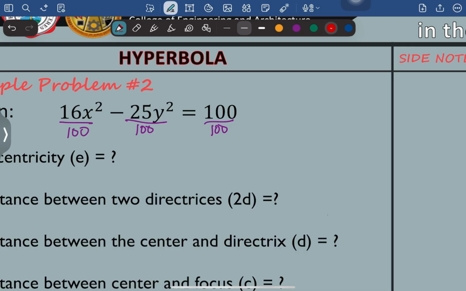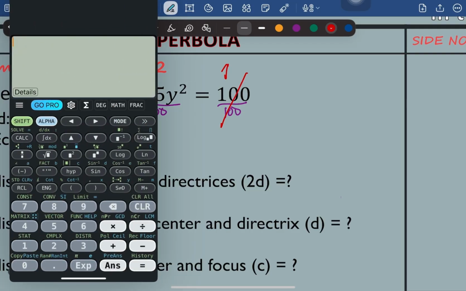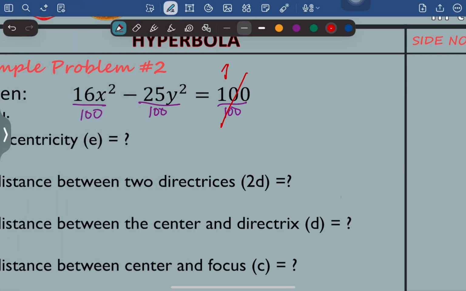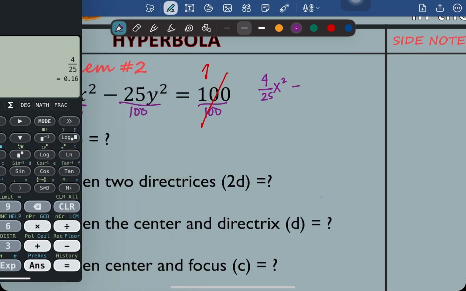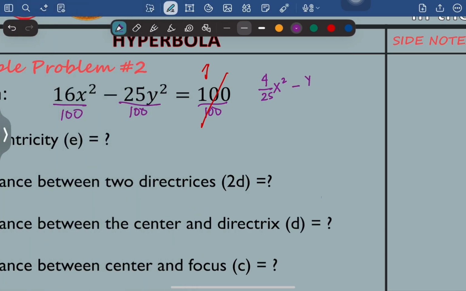So this one becomes 100 divided by 100, 1. 425 x squared minus 25 divided 100 is 4 equals 1.